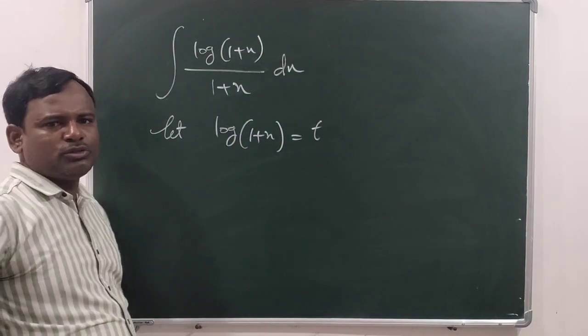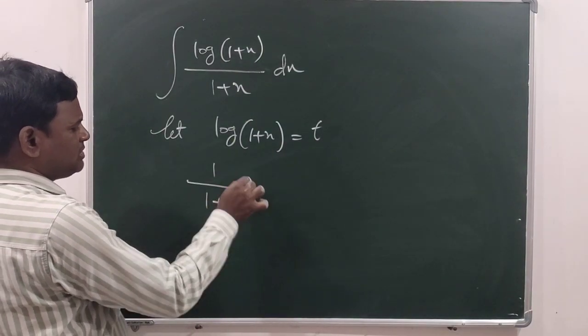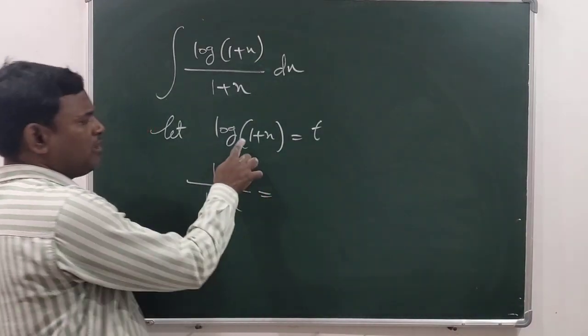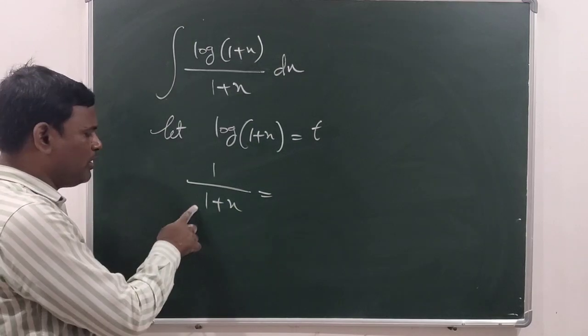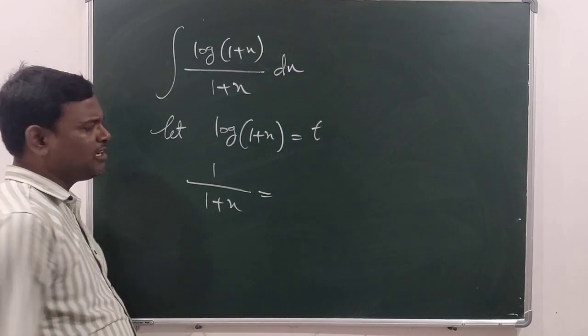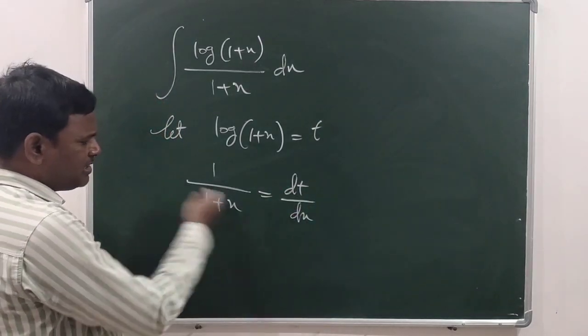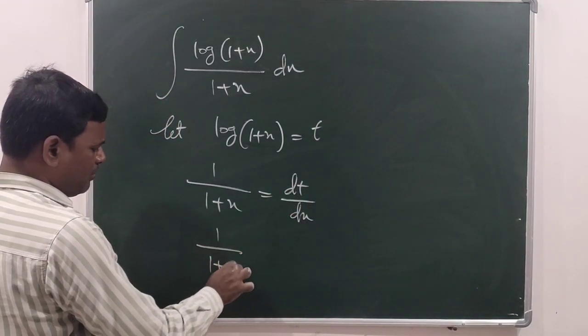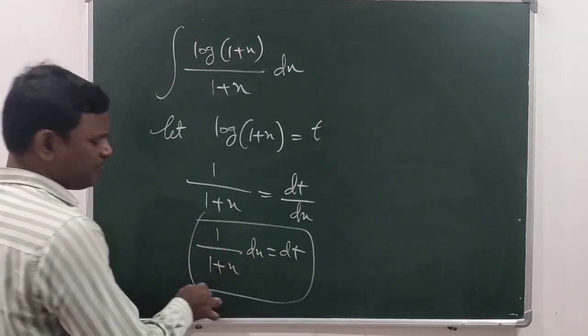Now differentiate on both sides with respect to x. So that here you will get 1 by 1 plus x, which is equal to, differentiation of log x is 1 by x. Is this x? No, follow the chain rule. 1 differentiation 0, x differentiation 1. Now here dt by dx you will get. Now bring this dx to the left side. 1 by 1 plus x dx, now which is equivalent to dt.